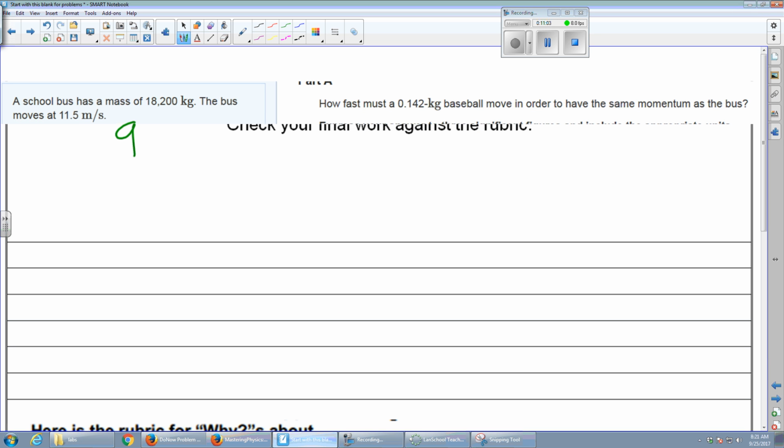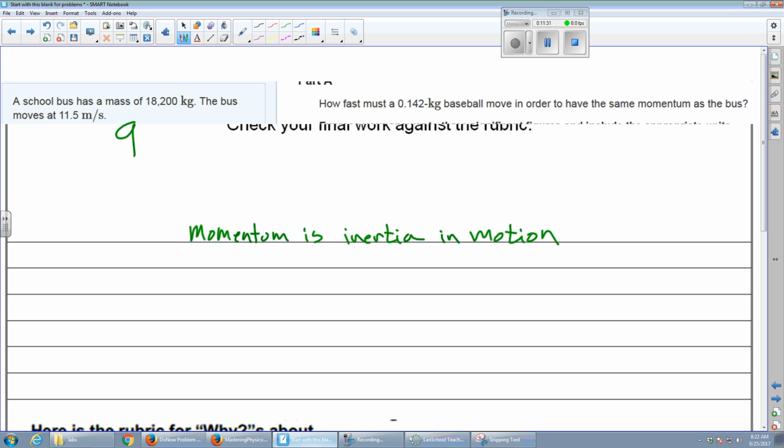So, again, it's all about momentum. Momentum is inertia in motion. And that's kind of generic. I want to have something that actually ties it to this problem.